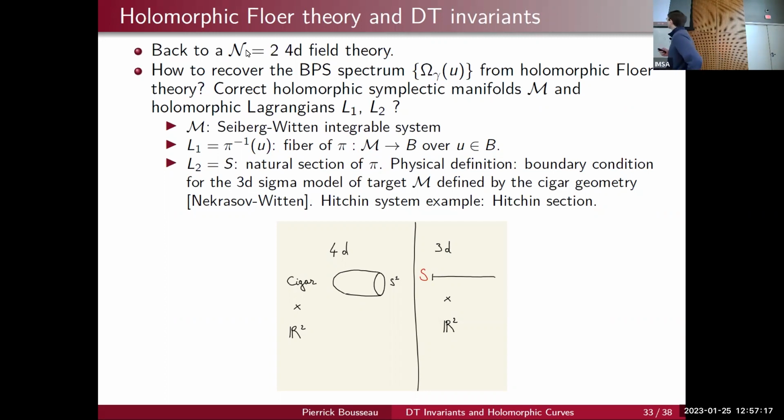And the claim is that in the physics motivated story, there's a natural choice of section, which is some kind of boundary condition for the 3D sigma model coming from the cigar geometry, unfolding and then reducing on the circle. And like for things like Hitchin systems, you should agree with things like Hitchin sections.